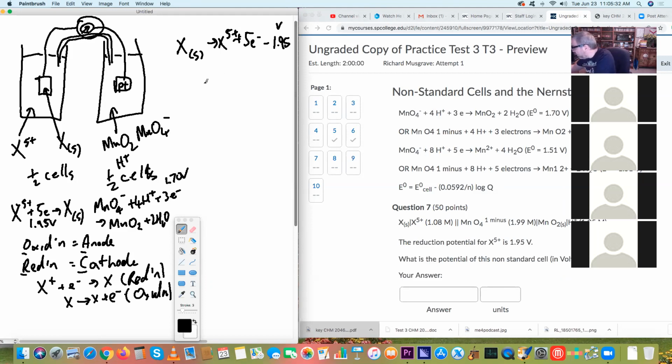The other one stays as a reduction, stays as it is. And that would be positive 1.70 volts.